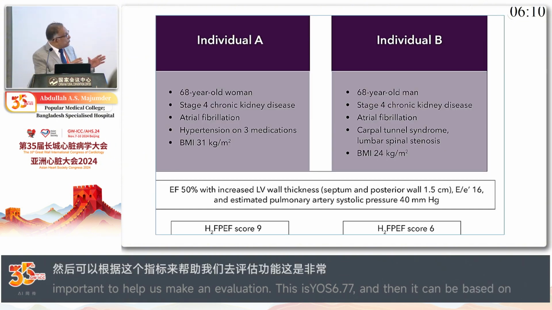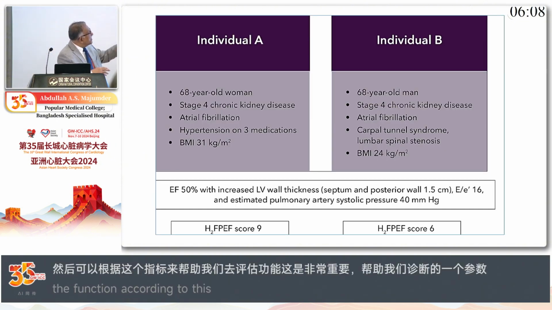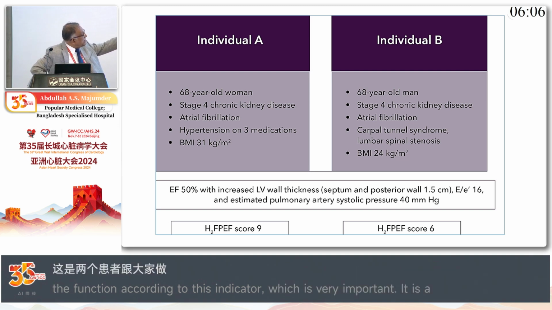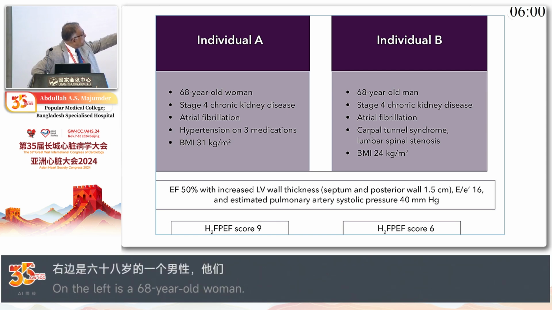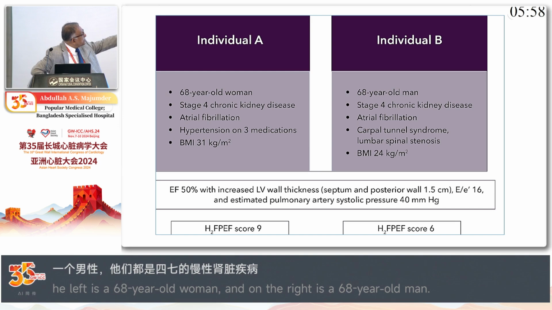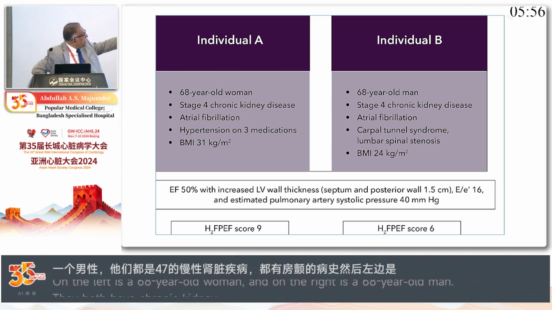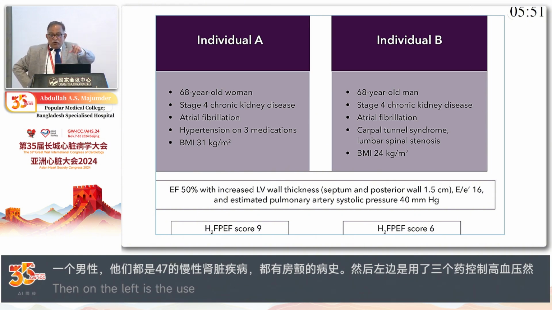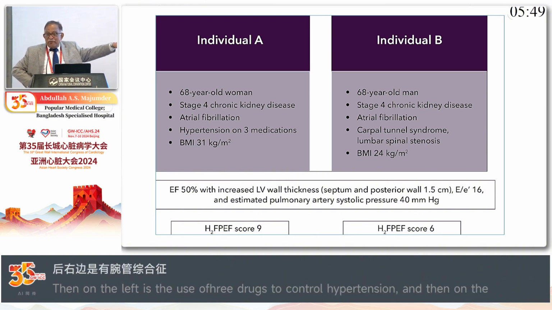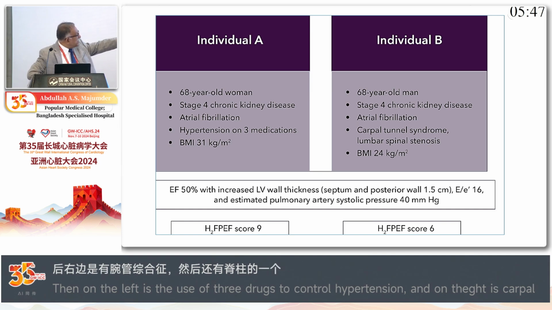So these are 2 similar patients: individual A, a 61-year-old woman, and individual B, a man. Both have stage 4 chronic kidney disease and atrial fibrillation, which are common. But individual A has hypertension on 3 medications, and carpal tunnel syndrome or lumbar spinal syndrome. You know, one of the features of amyloidosis is carpal tunnel syndrome.